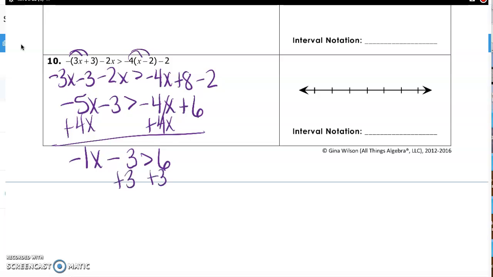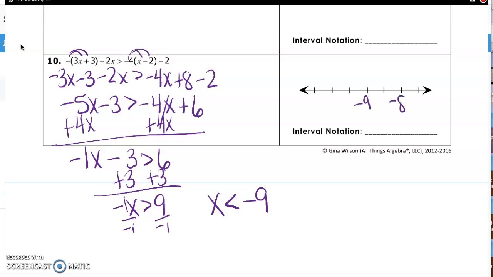Add 3. Negative x is greater than 9. Remember that's a negative 1, so we need to divide by negative 1. X is less than negative 9. So negative 9 here, negative 8 here, negative 10 here. Open circle and left. Anytime you are shading to the left, you start at negative infinity because that shows it keeps going down, with a parenthesis, comma, negative 9, also with a parenthesis because it's an open circle.